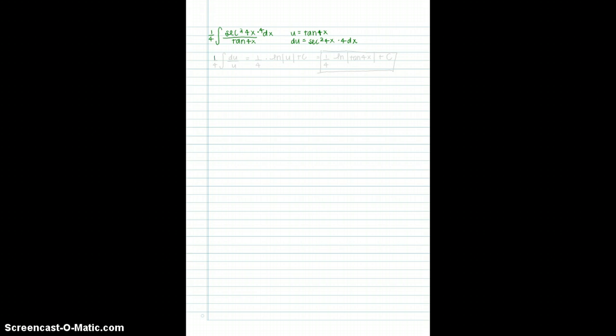So we get 1/4 times the integral of du over u, and we anti-differentiate, so we get 1/4 times the natural log of u plus c, and then we plug in tangent of 4x for u, so the final answer will be 1/4 times the natural log of the absolute value of tangent of 4x plus c.